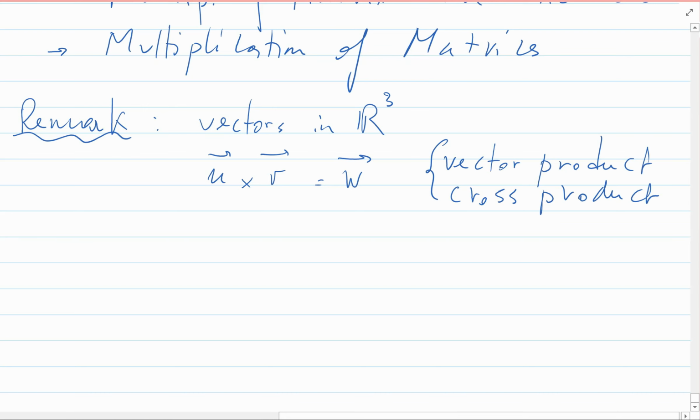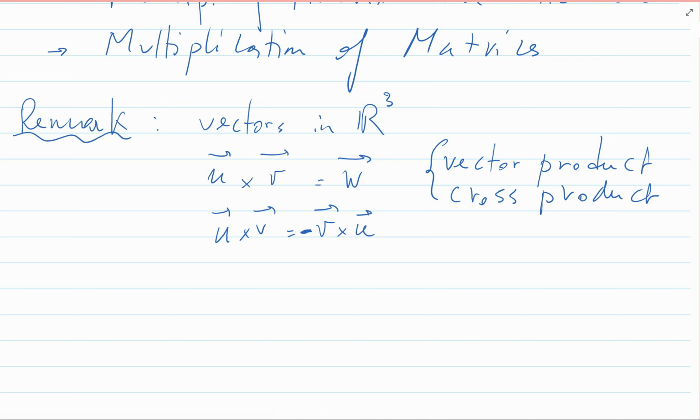And in fact it's very complicated and absolutely not natural. For example, we know that U cross V is equal to minus V cross U. There is a minus, which is not normal compared to the product of two numbers. So when we go to higher dimension, other than the product of numbers, the multiplication becomes complicated, and it's not natural at all.